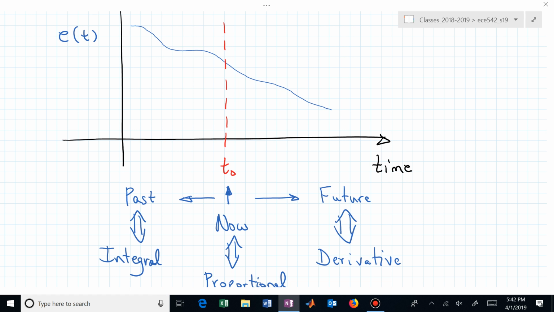I've just drawn a line in the sand and said, here's t sub 0. That's now. That's what the proportional gain would amplify or work with. The integral piece would be integrating all of that error signal from previous time up to now. And the derivative term is anticipating, based on the derivative of the error, the direction that that error is moving.